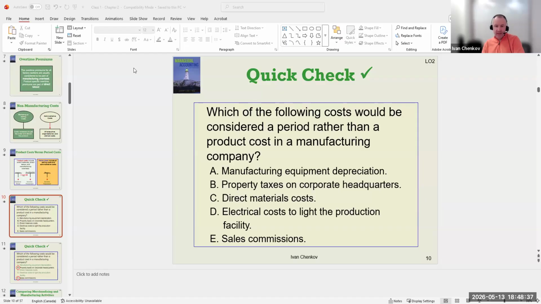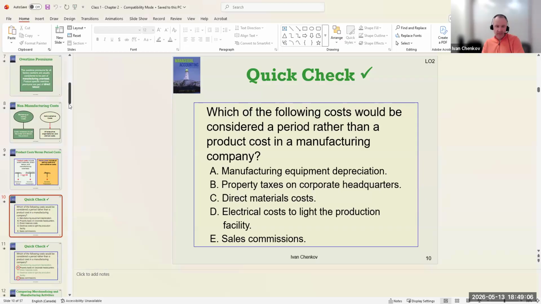Let's see the second one, property taxes on the corporate headquarters. Is that related to the product? And what kind of cost will it be? Period or product cost? That will be period cost, yes.